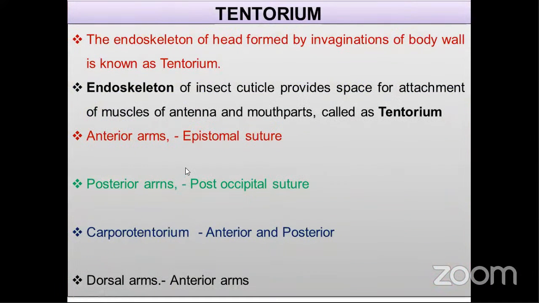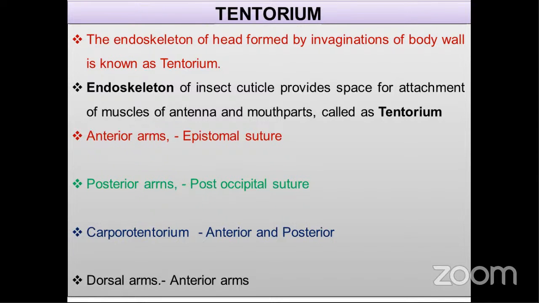Another topic, tentorium. It also comes under the insect head only. Tentorium means the endoskeleton of the head, which is present inside, not outside. Exoskeleton means body wall; endoskeleton is related to the head only.